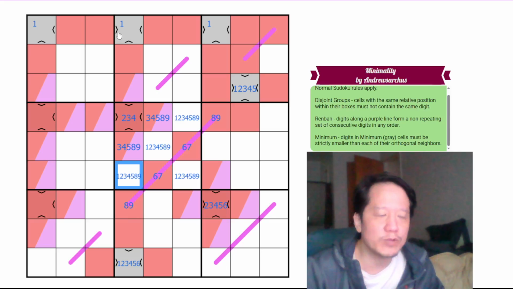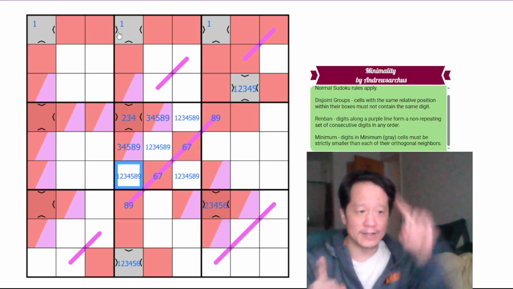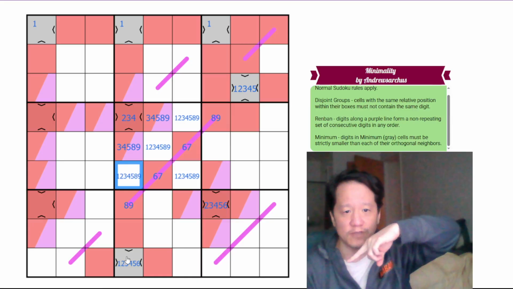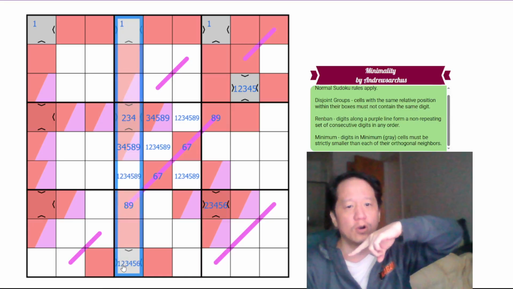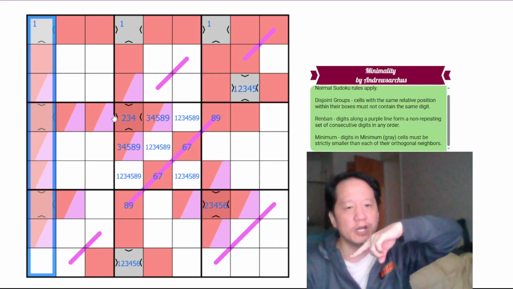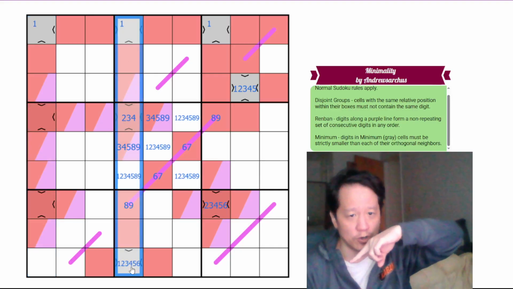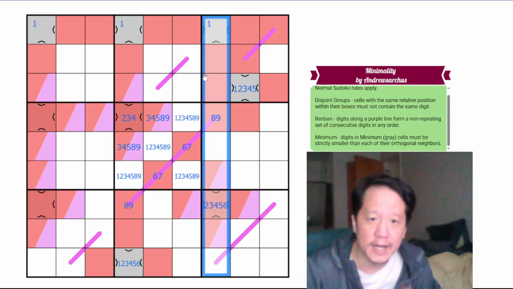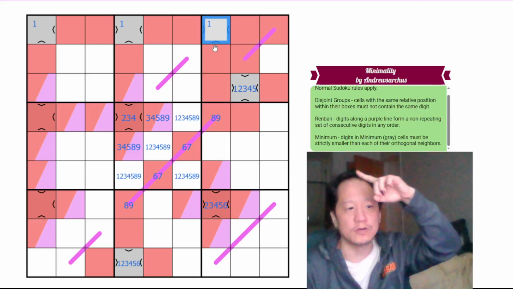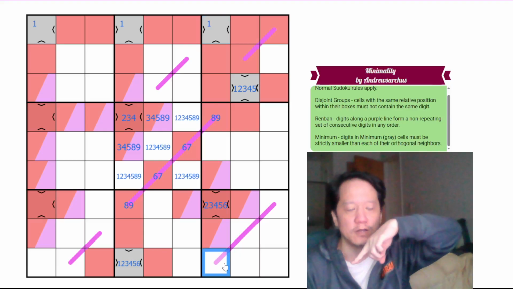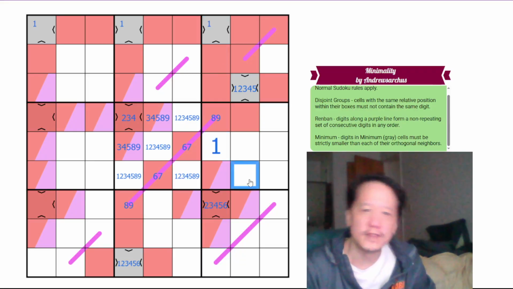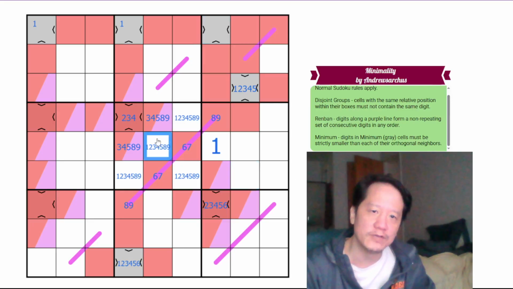That means we are guaranteed one of them has to be in the upper left-hand corner and one of them has to be in the lower left-hand corner for columns 1 and 4. Which means column 7 cannot have 1 in the upper left-hand corner and cannot have 1 in the lower left-hand corner. So neither of these can be 1, which means this has to be a 1 there, which means this can't be 1, obviously.